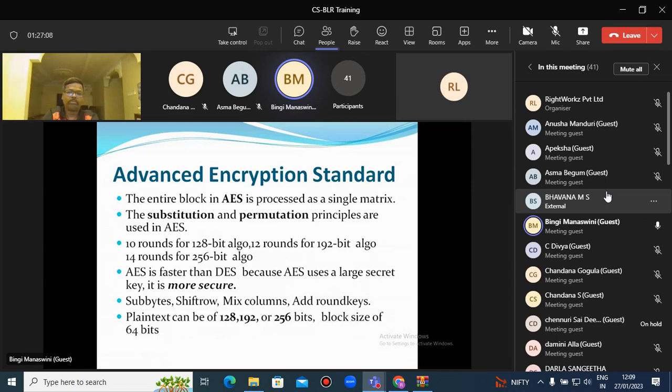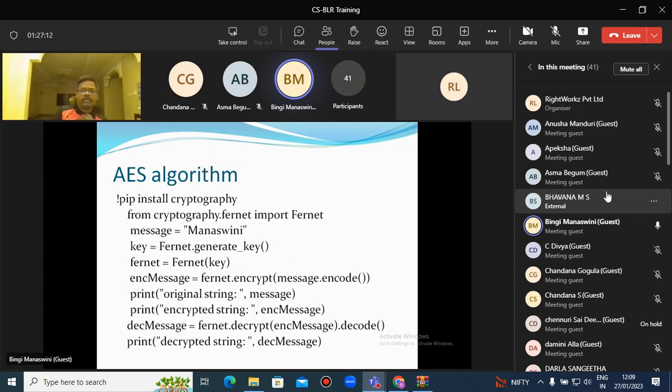For the AES algorithm, we have already installed the cryptography library, and we are accessing Fernet with import Fernet. Here we can take the input message, and we can pass any string. We are generating the key.